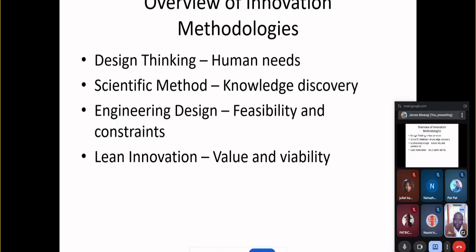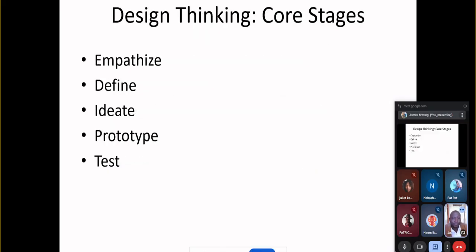Then we have lean innovation, where we look at value and viability. And lean innovation is where you try to reach the problem the fastest way possible, and also to solve that problem and give it value.